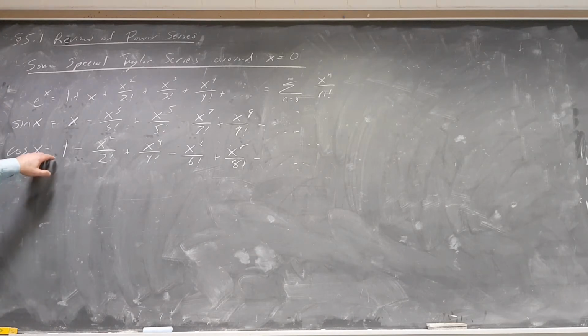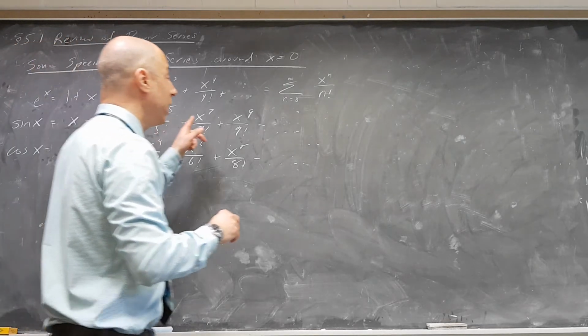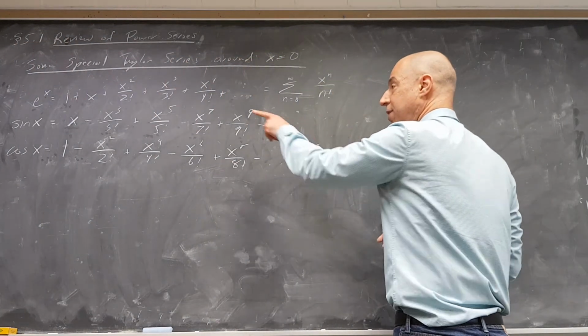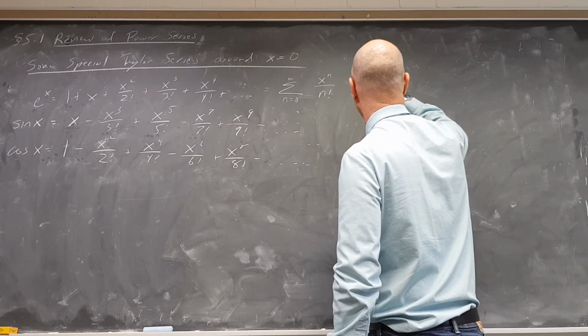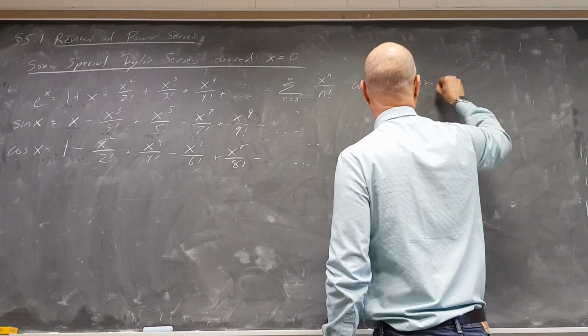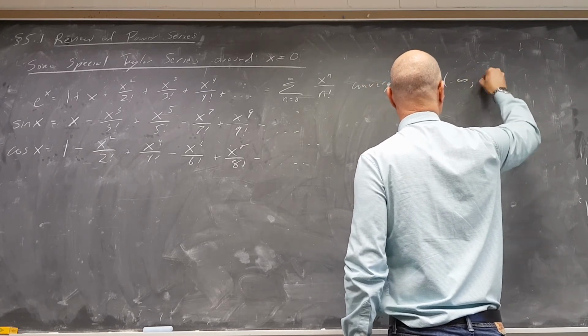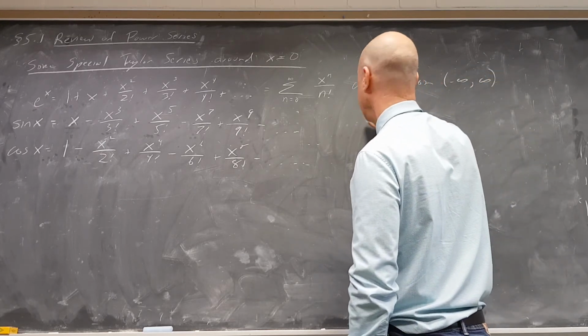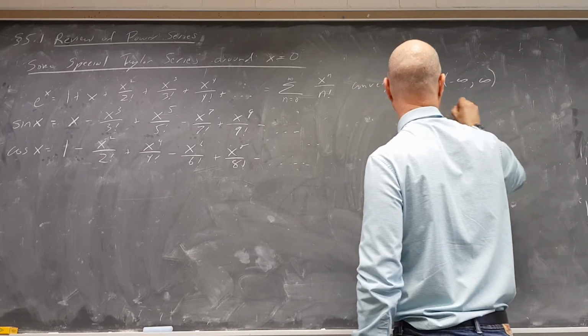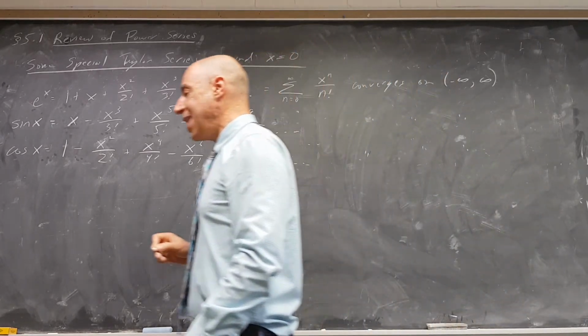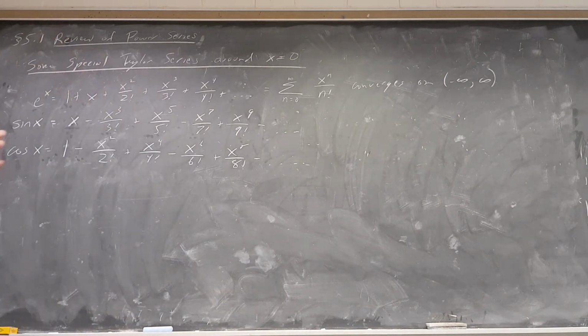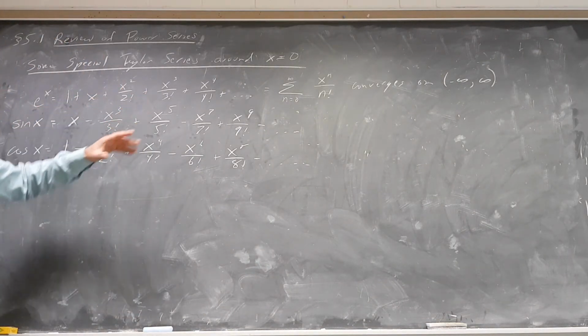There's one more Taylor series I want you to commit to memory. Oh, one thing I should mention before I have the fourth one, this converges on negative infinity to infinity, and so does this, and so does this. So remember, we talked last time about where a power series can converge.